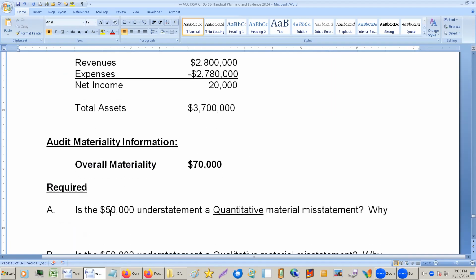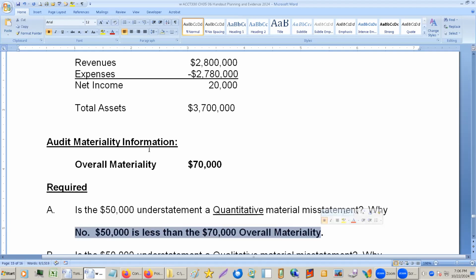Quantitatively, it's not. It's less than 70,000. So quantitatively, this is not.